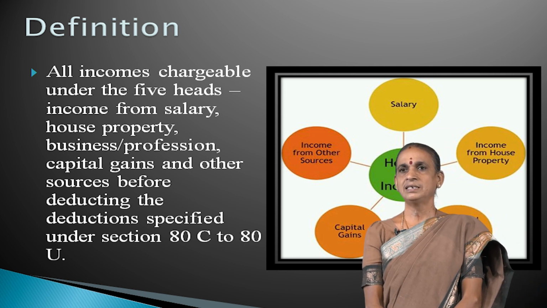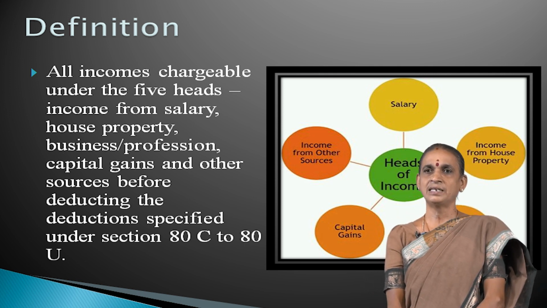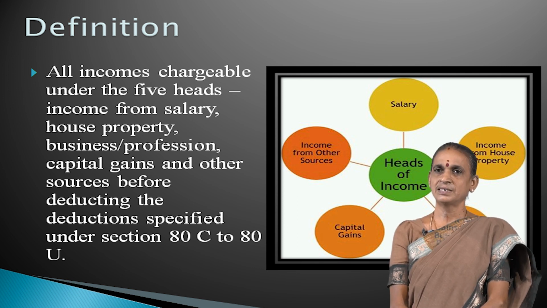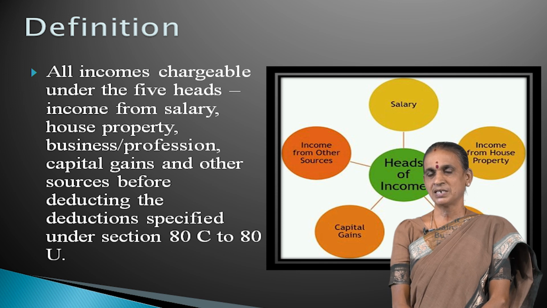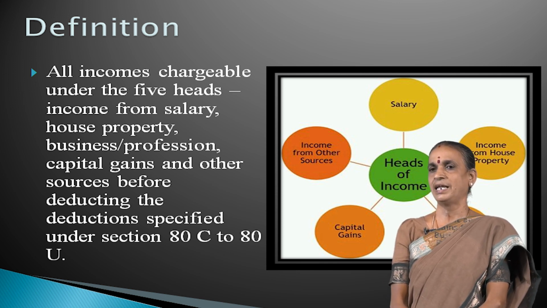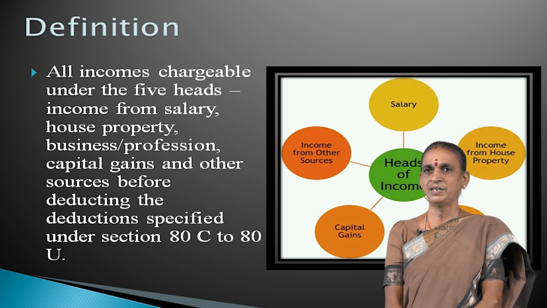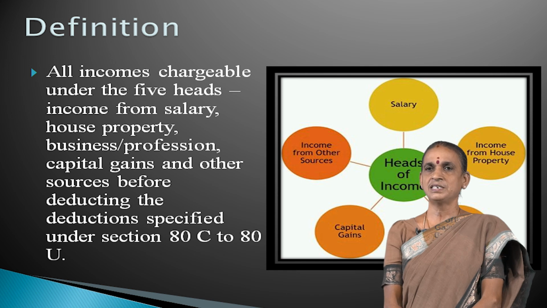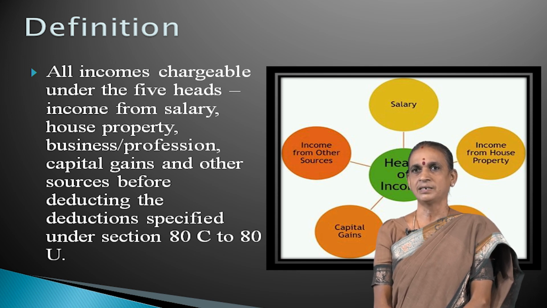All income under the 5 heads: income from salary, income from house property, business or profession, capital gain and other sources, before deducting the deductions specified under section 80C to 80U of the Income Tax Act 1961, is the definition of the gross total income.